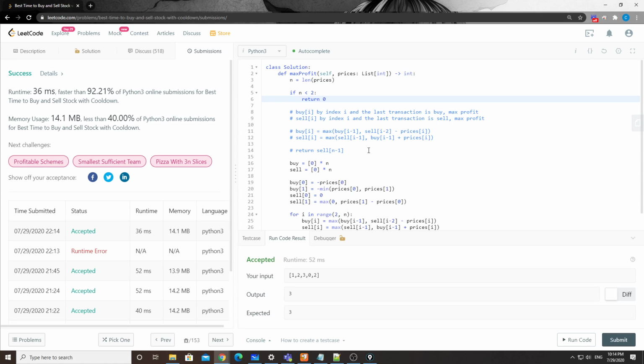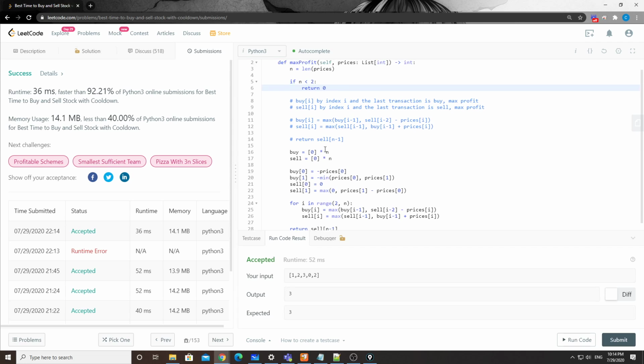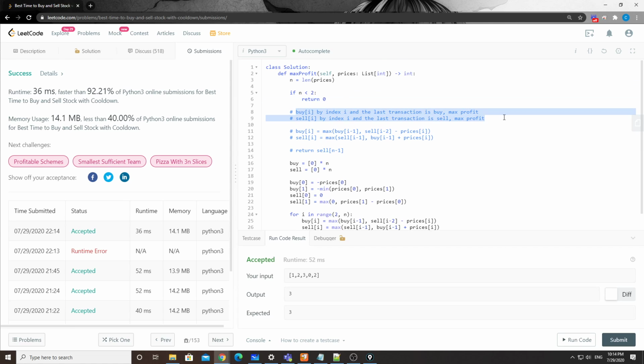Just to recap, I'm introducing a very generic way of solving this kind of buy and sell stock problem. We define two arrays here.